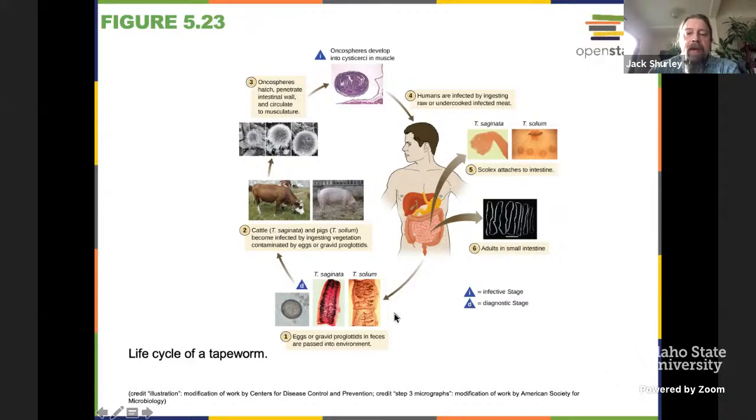We say here diagnostic. So, fecal specimen with proglottids or with the eggs within it, dependent upon the circumstances, can give us diagnosis. In some circumstances, it's the defecation of a chunk of proglottid that's your first indication that you got worms. That's maybe a little bit disturbing. So as these are passed out into the environment, the animals, the livestock get infected when they ingest vegetation contaminated with that.